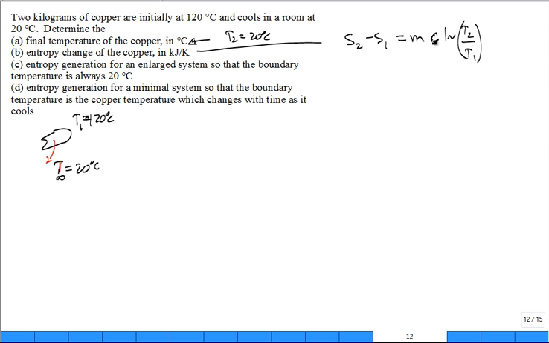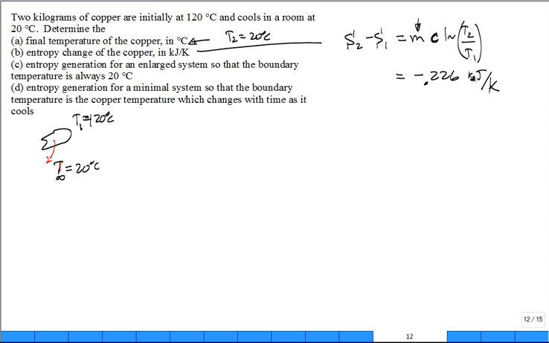Right here is C, specific heat. I'm using cap S instead of lowercase, and so that's a mass, right? And when I calculate it, it's equal to negative 0.226 kilojoules per Kelvin.